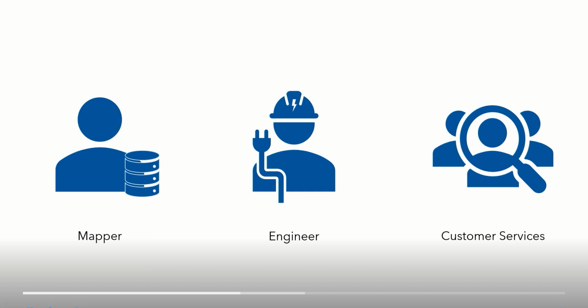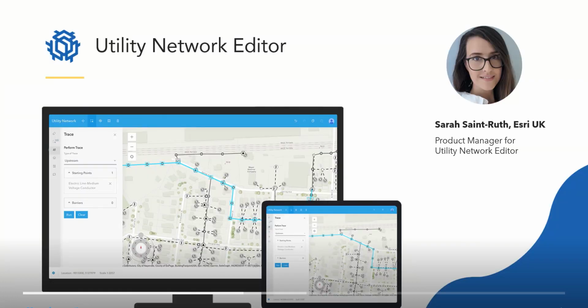This becomes critical in the event of an incident on the network or planned outages due to maintenance tasks. The water utility is able to access the latest network information and run an analysis to make quicker and more informed decisions. I'll now hand over to Sarah, who has some exciting things to share on the future development plans for Utility Network Editor.